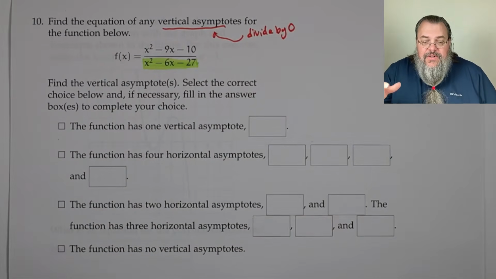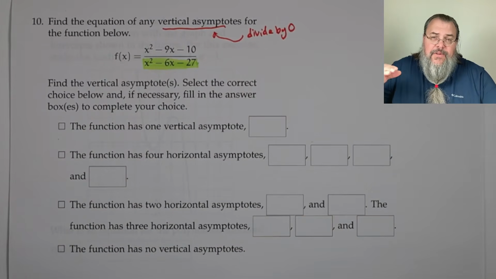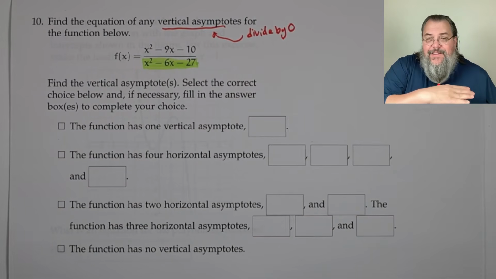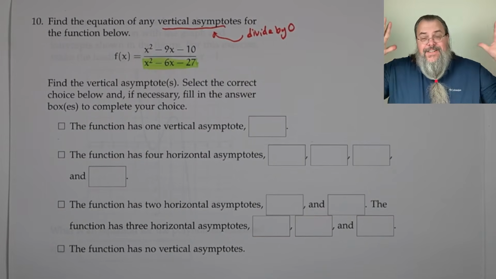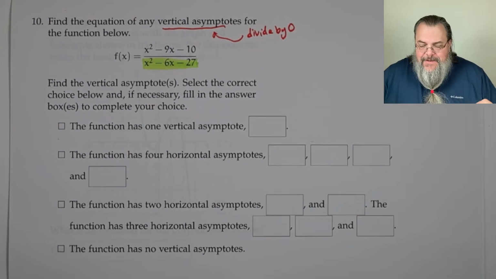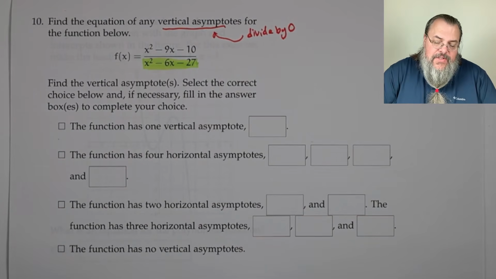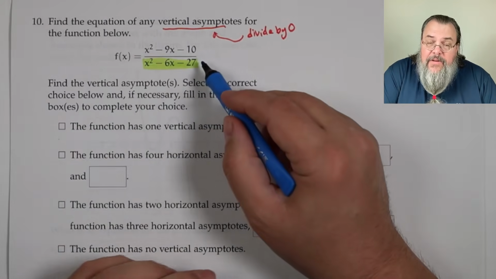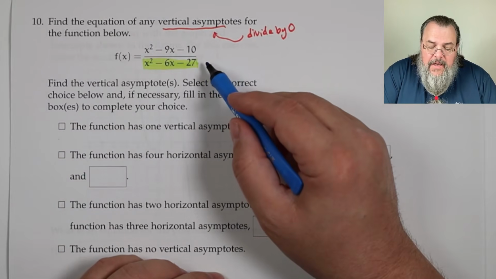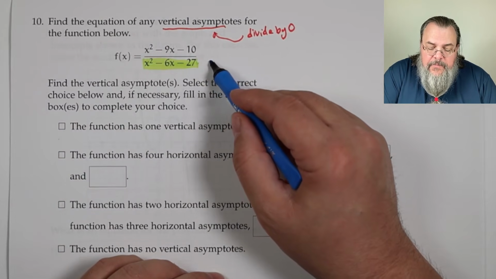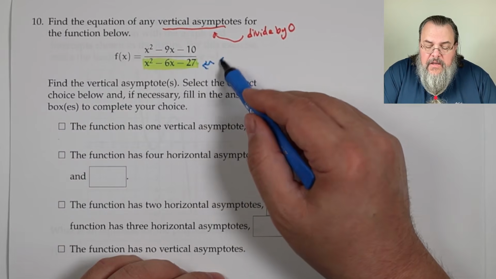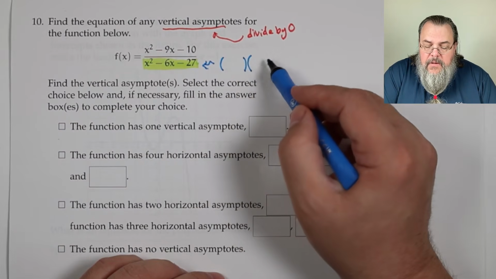Now, there are some subtleties about what happens upstairs that we talk about in a calculus type class, not in our class, so focus on the denominator. All right, x squared minus 6x minus 27. We say, all right, when is this 0? And so we factor.